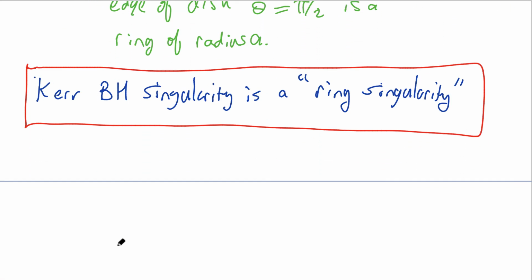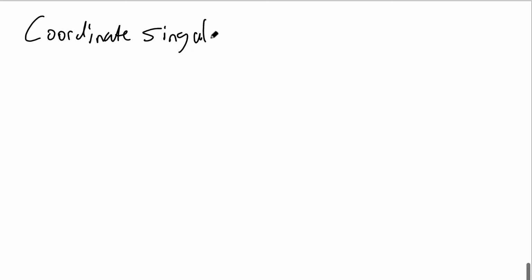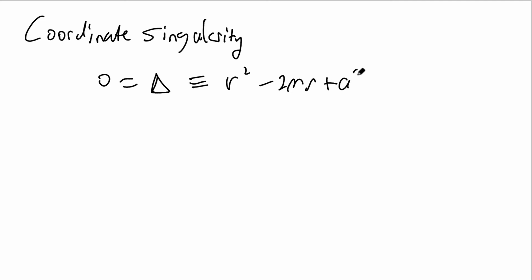Now we noted before that the Kerr geometry has a coordinate singularity at delta equals 0. And just like in Schwarzschild, the coordinate singularity is not a curvature singularity, but it still has significance. It's the horizon of the black hole. So delta was defined as r squared minus 2mr plus a squared.